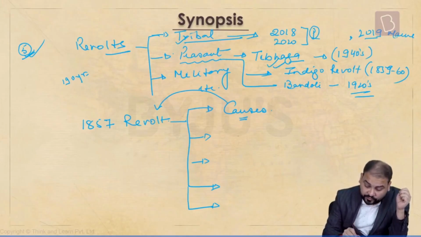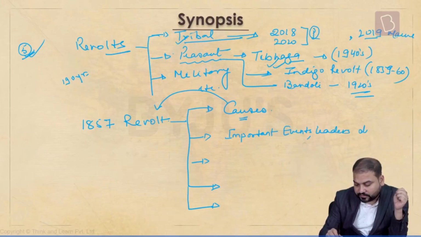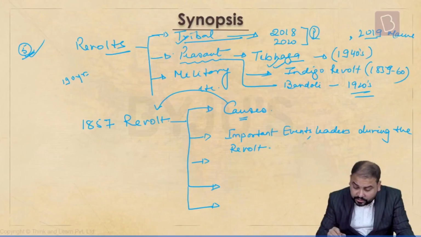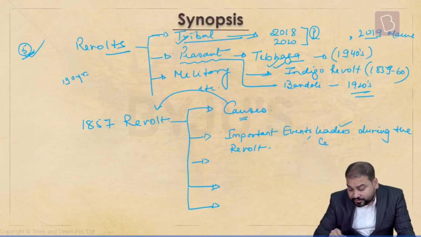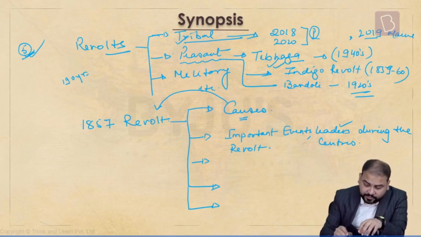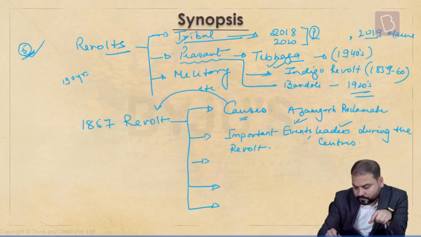Similarly, in part 2, we'll see the important events, leaders during the revolt. Who were the important leaders, important centers? Where did they lead these revolts? And any particular event, like, for example, let's say something called Azamgarh Proclamation.